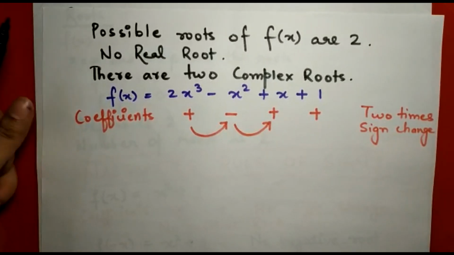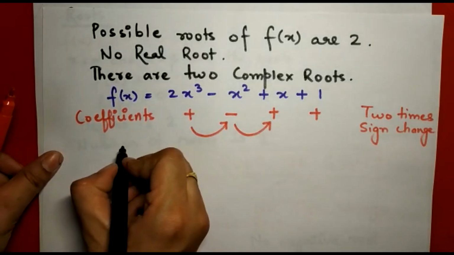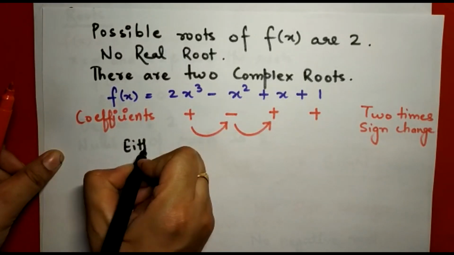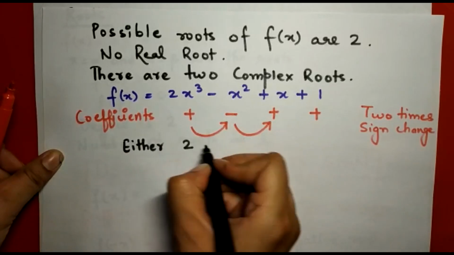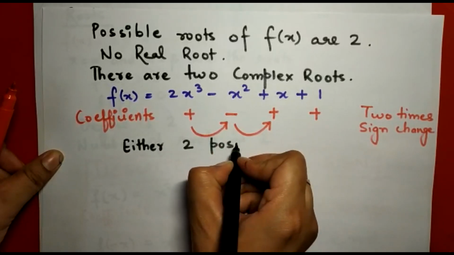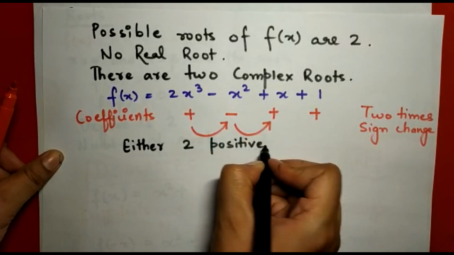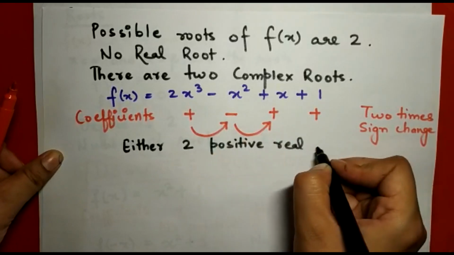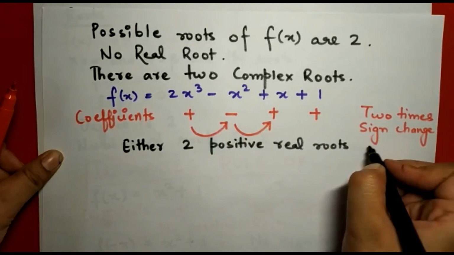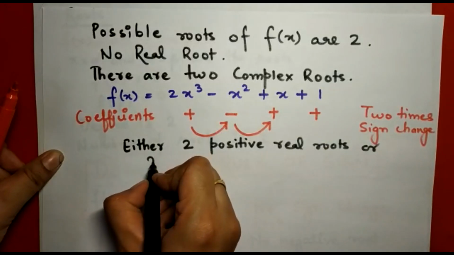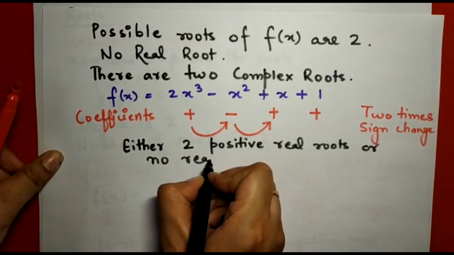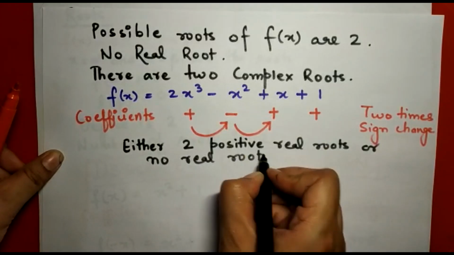Okay, so what are the possibilities? The possibilities are either 2 positive real roots or no real root. Why?